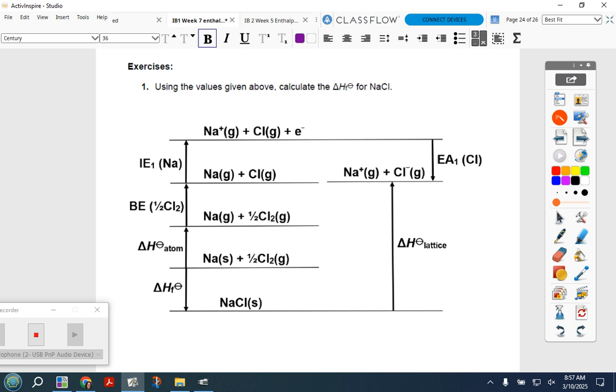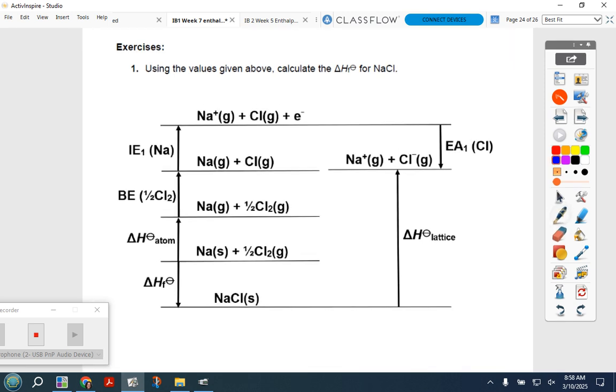Our chlorine is a diatomic, so it's going to be half a mole of Cl2 in the gaseous state. That's going to end up being the thing that we're calculating in this particular cycle, the enthalpy of formation. So this is our question mark. That's what we're solving for.